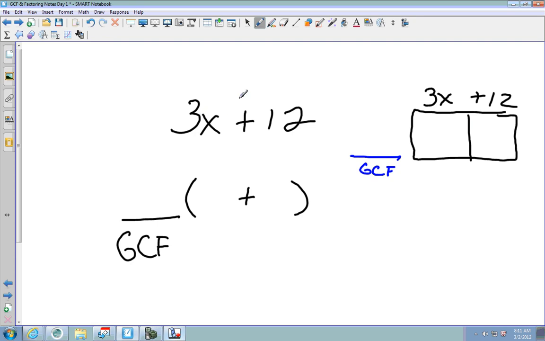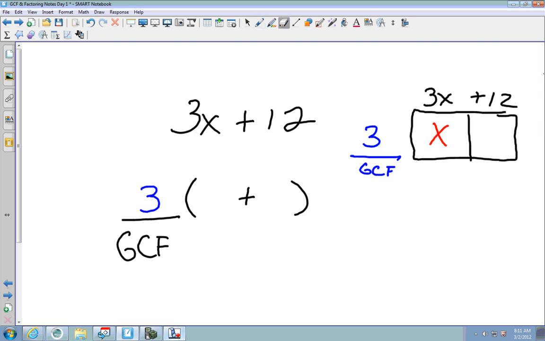Why is the x not the GCF? Is there an x with this 12? No. So the GCF is 3. So I'm going to pull this out. Now watch. 3 times what gives me 3x? X, right?